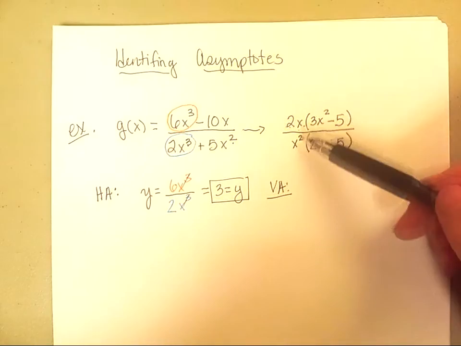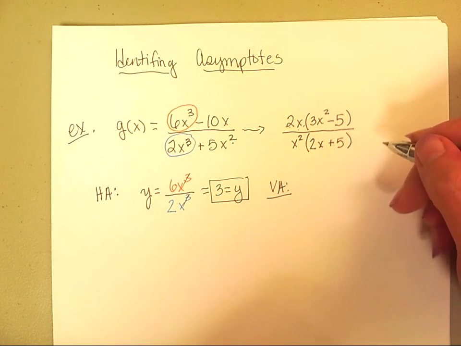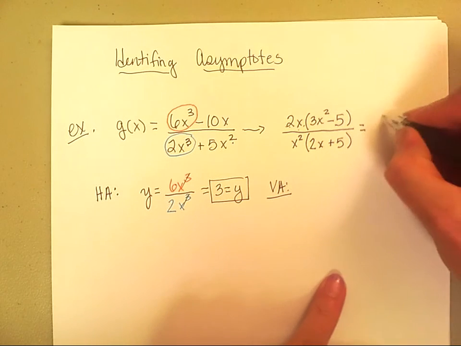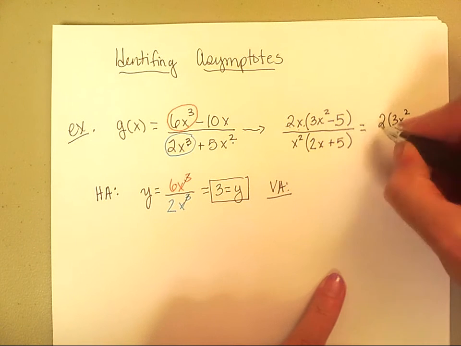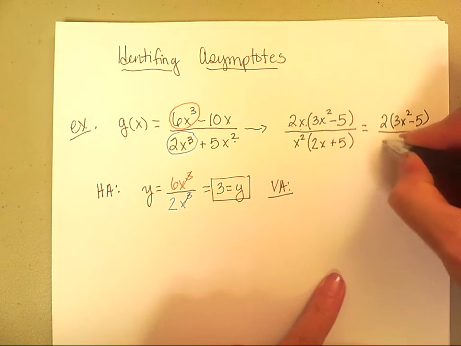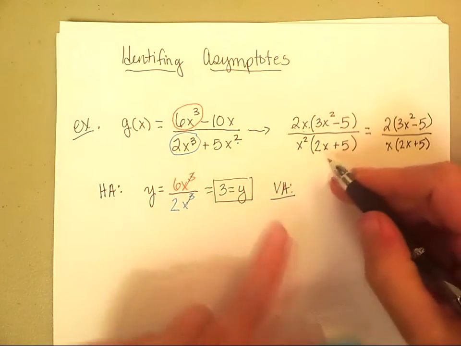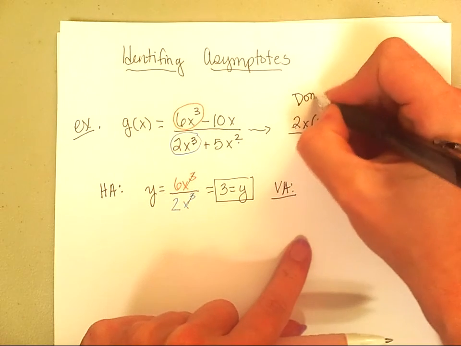So there's a little reducing that we can do here. I'm curious to see how this is going to work out. So this is 2 times 3x squared minus 5 over x times 2x plus 5.